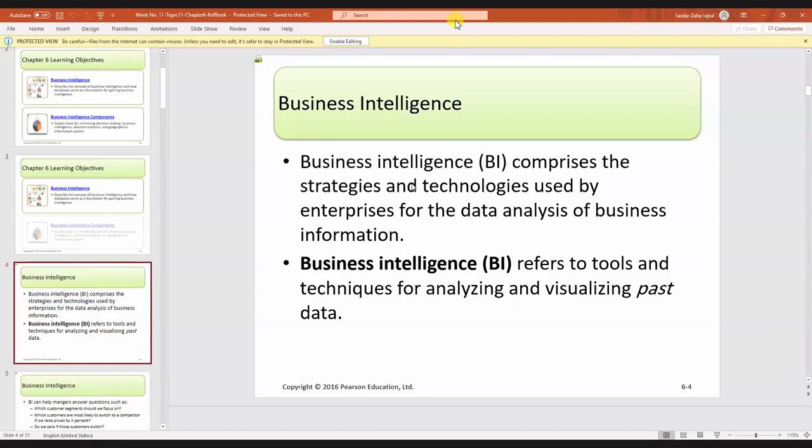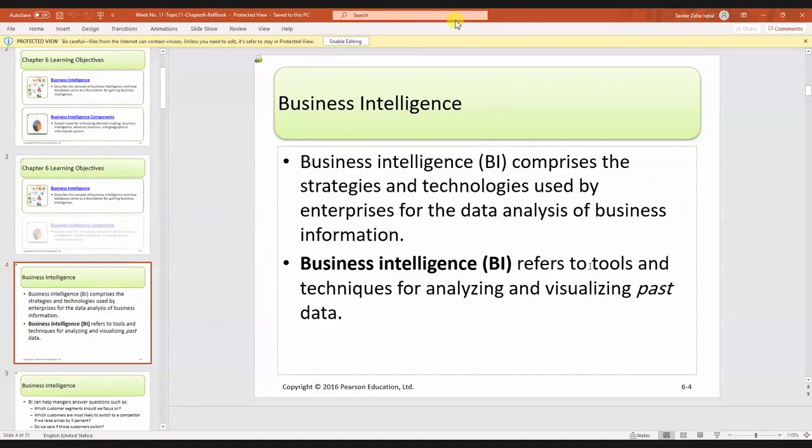As I told you, you will use some strategies, technologies, tools, techniques in your organization for, the keyword is data analysis, the data analysis of business information. So it means business intelligence is just an analysis of the data using some tools and techniques.